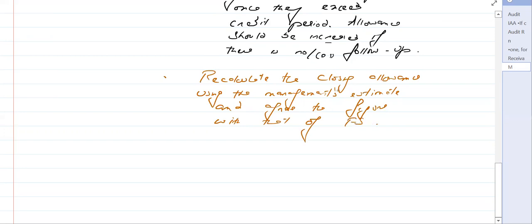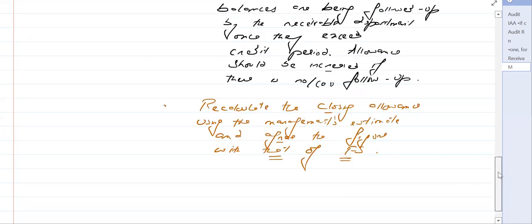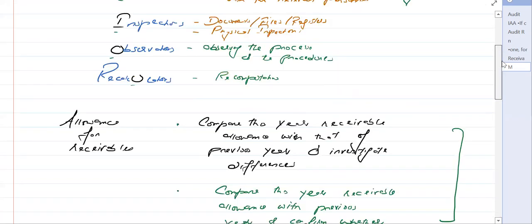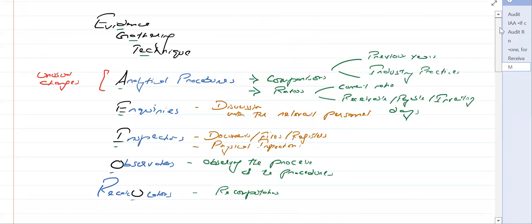So recalculate the closing allowance. Like for example, you know the year-end receivable balance, multiply it with the allowance percentage, recalculate yourself, and agree the figure which they have recorded within the financial statement. If that is the same, then that means they have correctly recorded the allowance. If that is not the same and there are differences, then you need to investigate the differences.